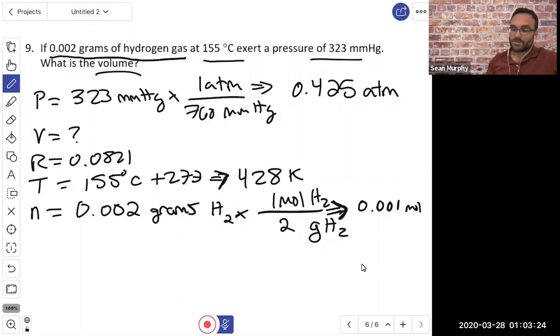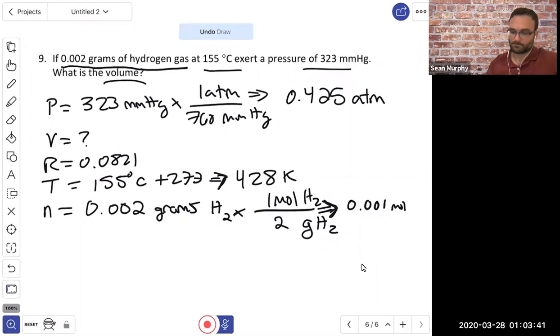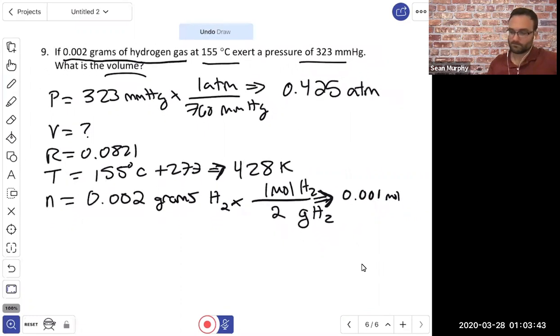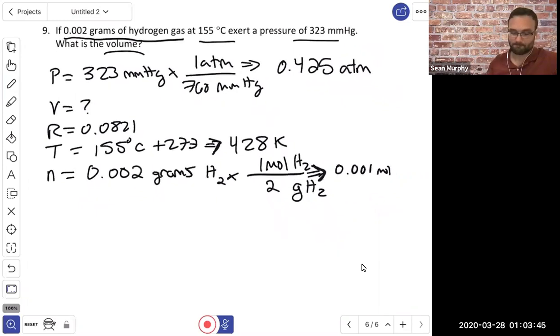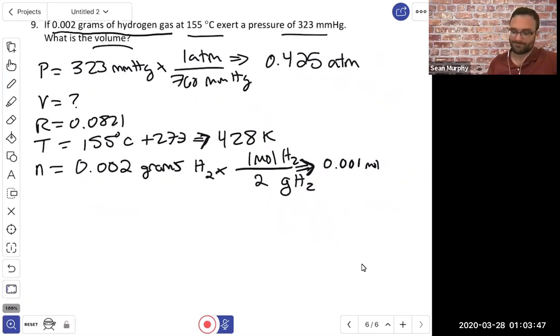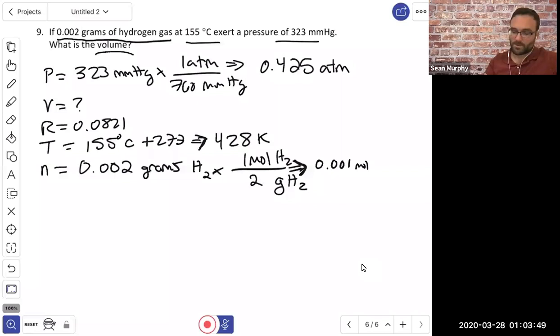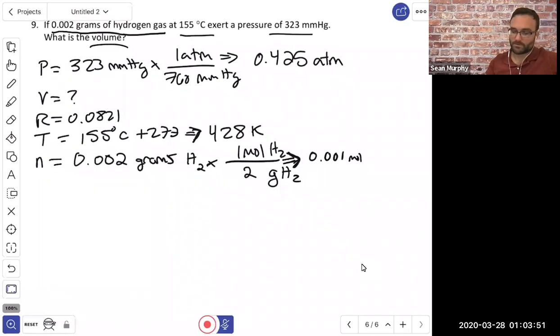All right, so let's rearrange the formula. Originally we had, you know what, since we got room, let's use it. Can everybody see? We have PV equals nRT.